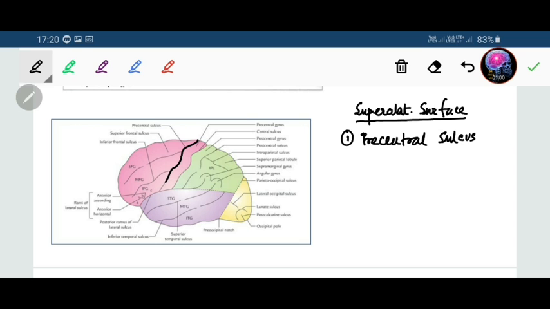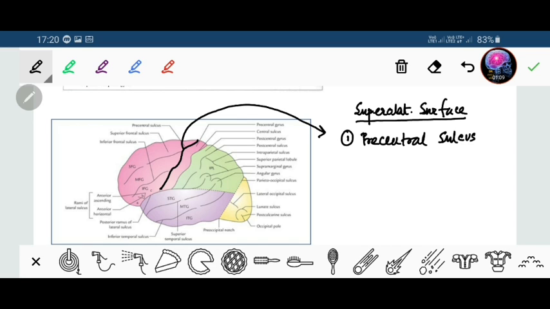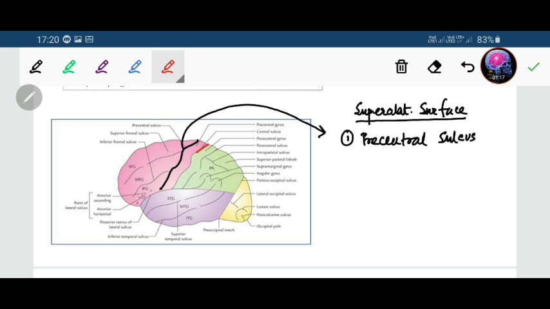This is the precentral sulcus, running downwards and forwards, parallel and anterior to the central sulcus. This one is the central sulcus. So precentral sulcus is running in front of the central sulcus and parallel to it.